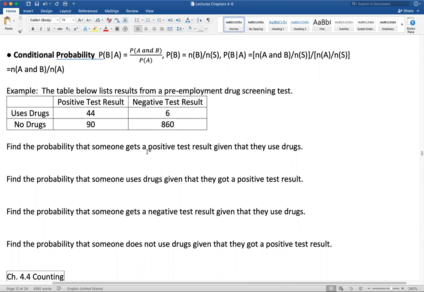Find the probability that someone gets a positive test result given that they use drugs. So let's say event A, the event that has already occurred, means that they use drugs. So it's all the people who use drugs among the screen tests.